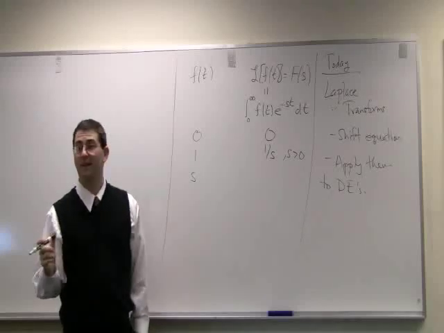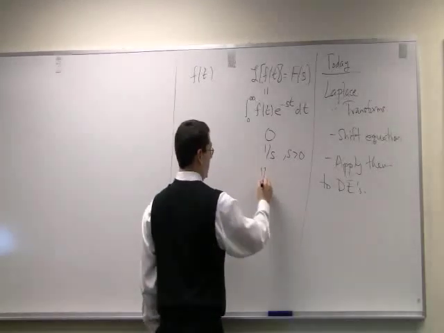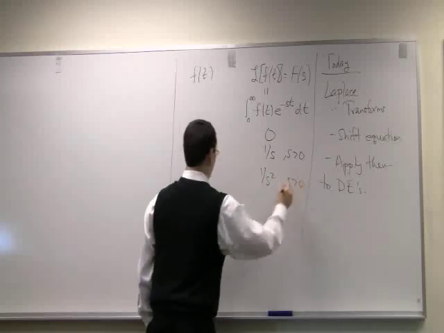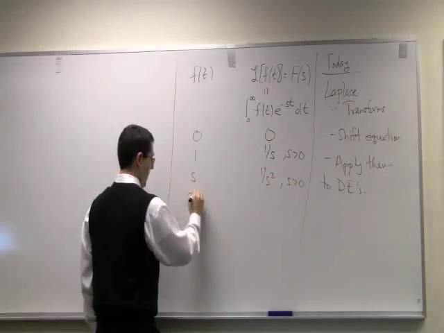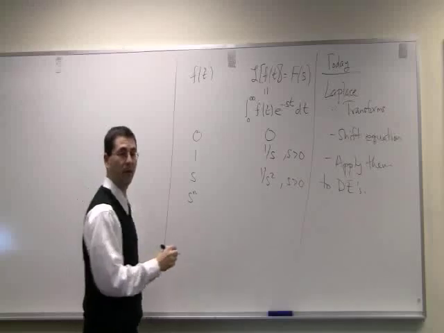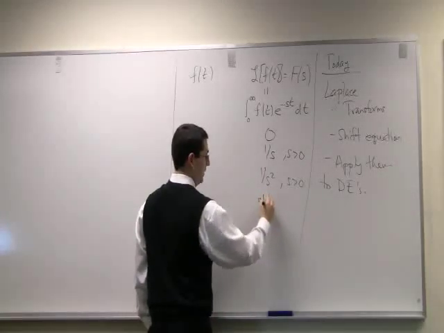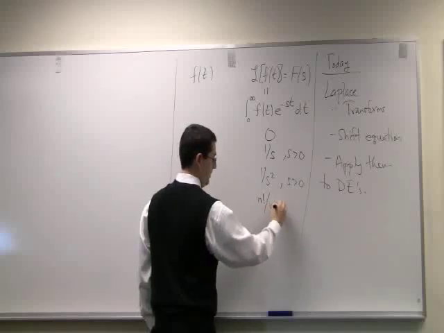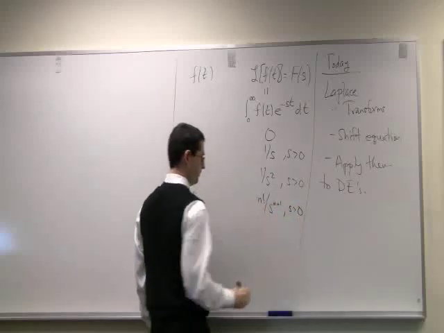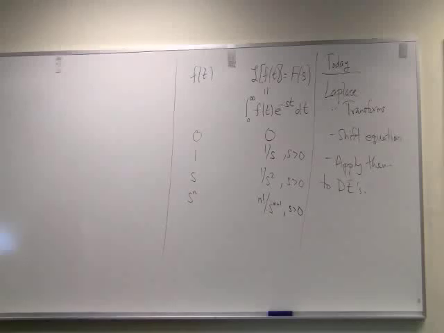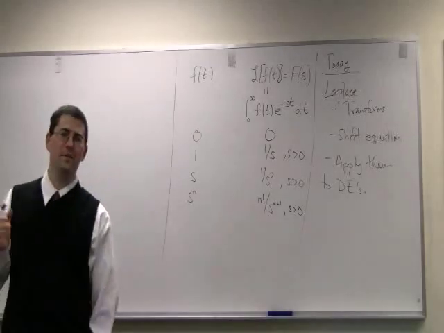Hmm? 1 over s squared. Why? Well, what was the general formula? If you had t to the n, where n is a natural number, what do you get? n factorial over s to the n plus 1. I was just testing. No, well, you were right up to a constant.